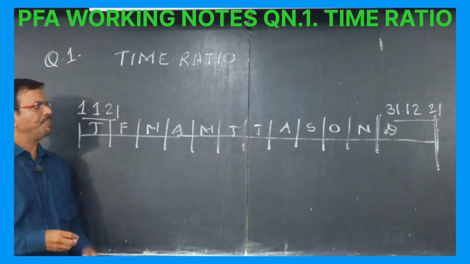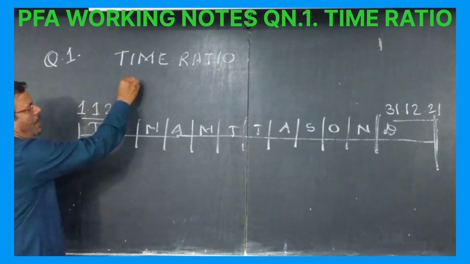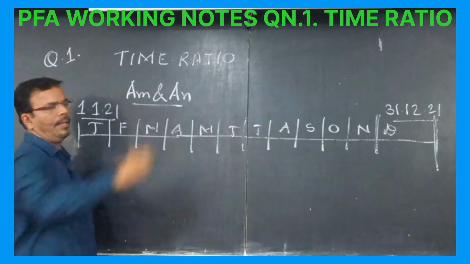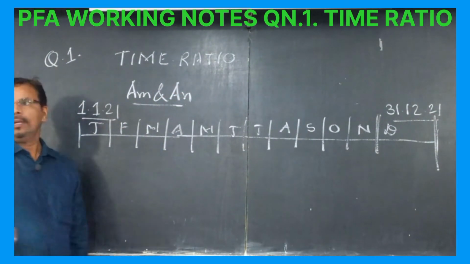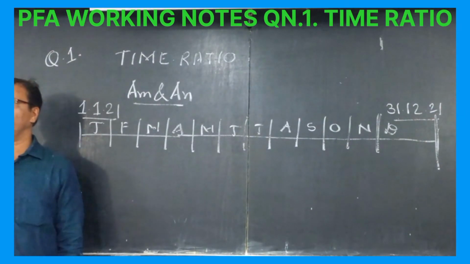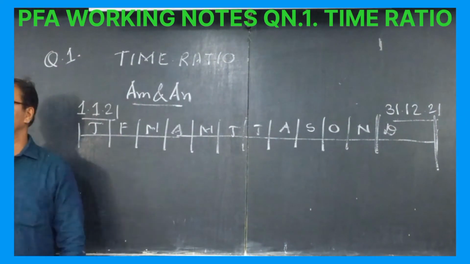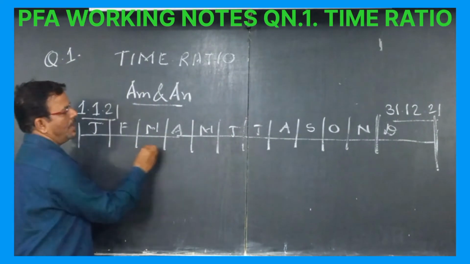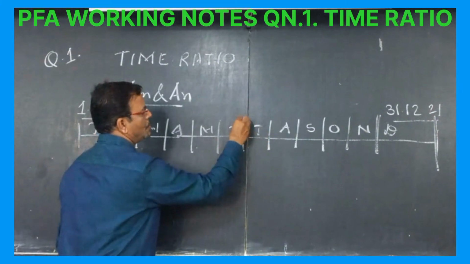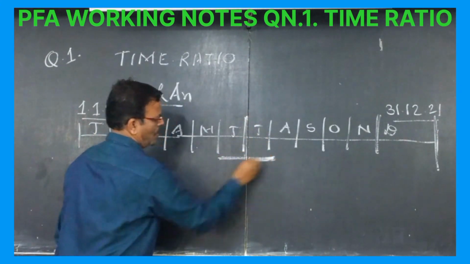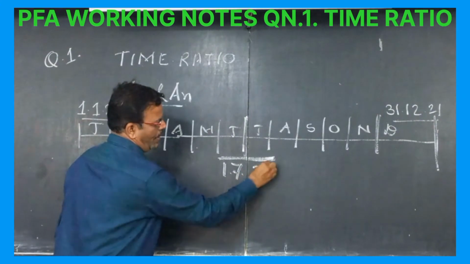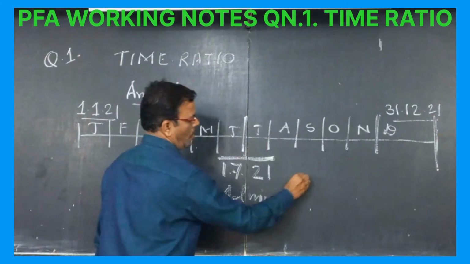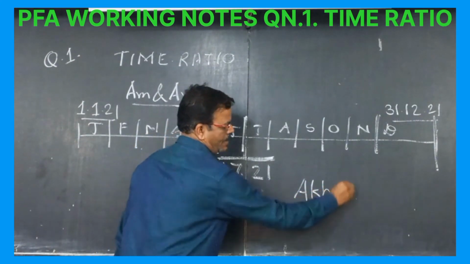So this is the starting month to the end month. Initially we have two partners, Amar and Anthony. In between, the date of admission of the partner is given as 1st July 2021. So January, February, March, April, May, June and July. From July 1st, 2021, Akbar is admitted. Akbar is incoming in this case.